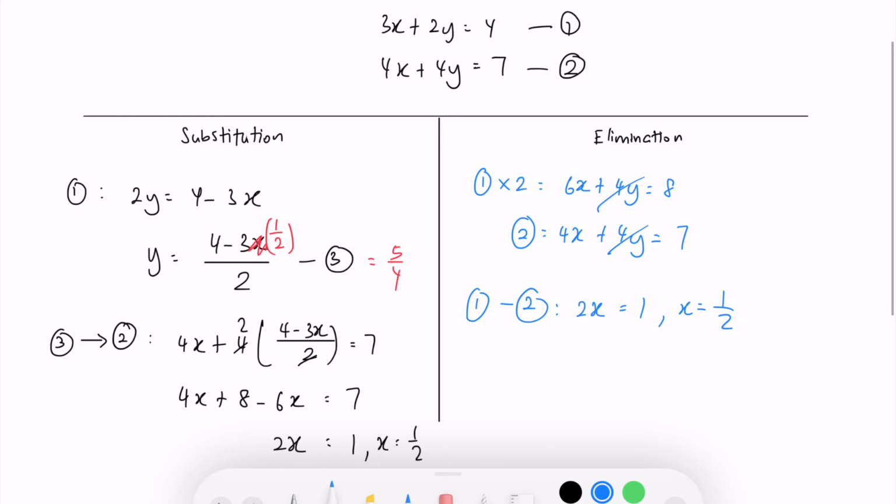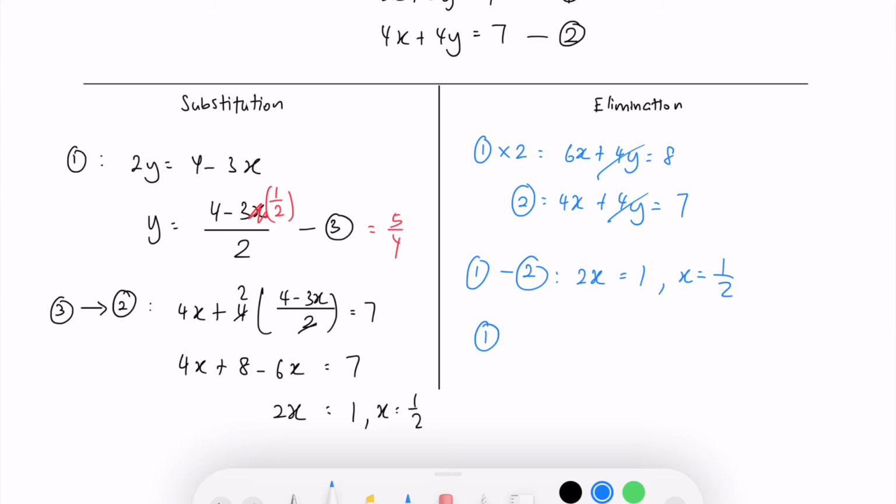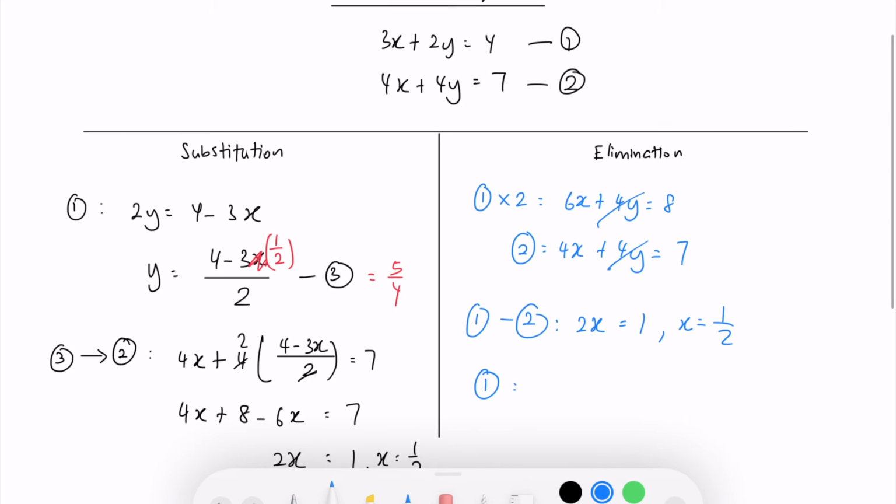Now to get y, I'm going to have to rearrange either one. So from equation 1, 3x, so 3 times a half, plus 2y equals 4.